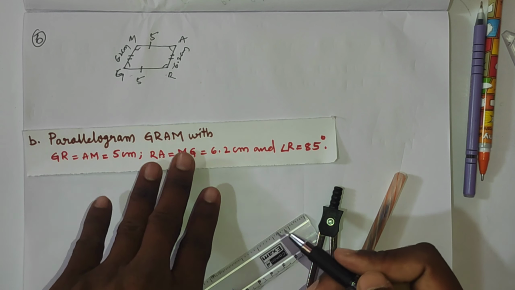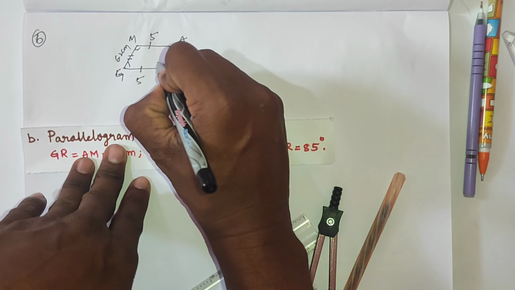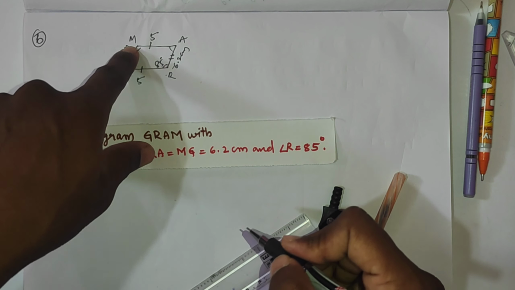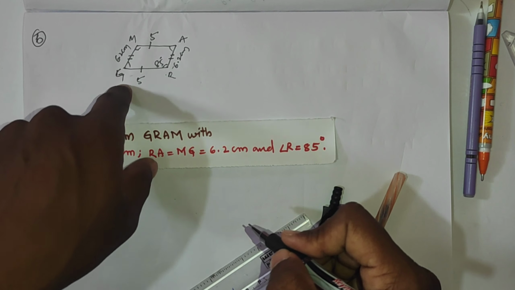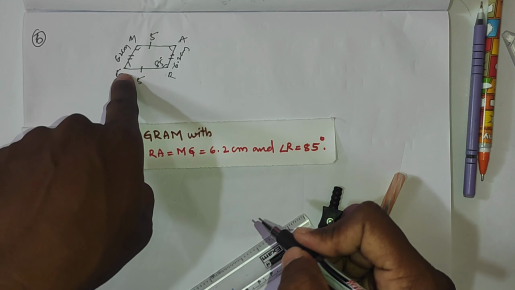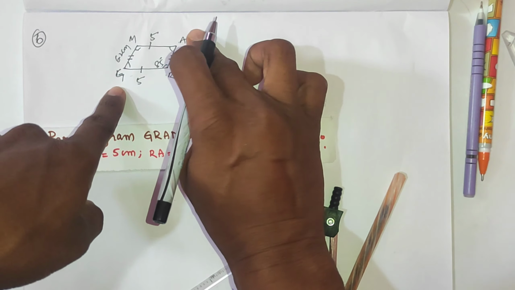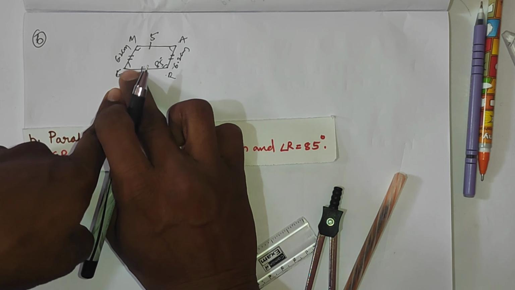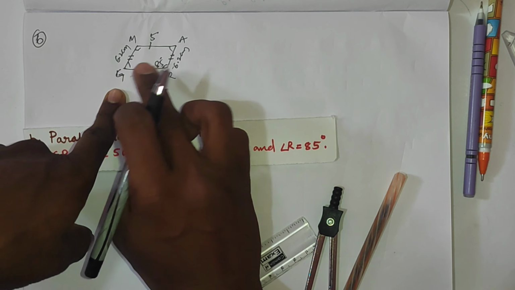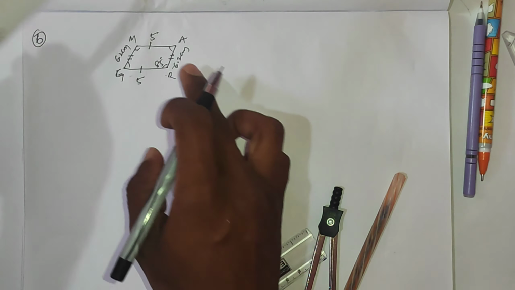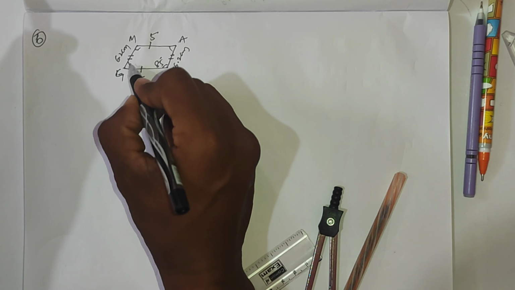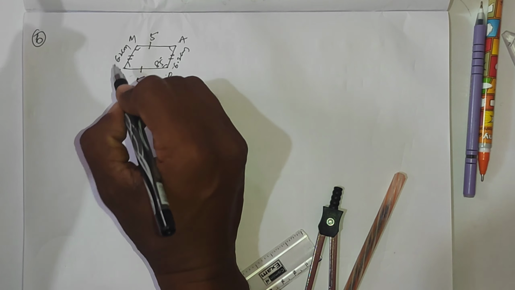The angle given is angle R as 85 degrees. So angle R is 85, which means angle M is also 85. But what about G and A? They are equal angles, but we don't know G here. That means first we have to find angle G. If we draw the rough sketch, we can't find angle G directly.